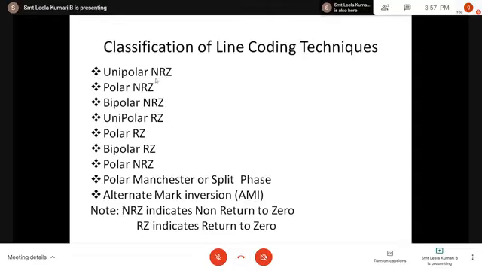Here NRZ indicates non-return to 0 and RZ indicates return to 0. And polar return to 0, bipolar return to 0, polar Manchester or split phase, alternate mark inversion codes. These are the different variations of line coding techniques, and in each case the binary representation is different.